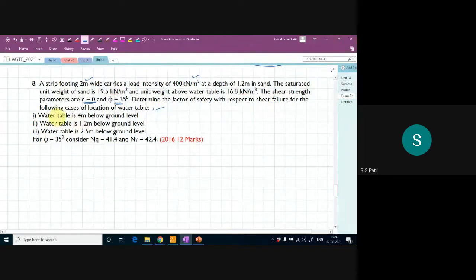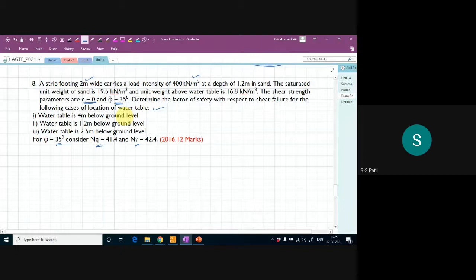In the first case, the water table is at 4 meter below the ground level, in the second case 1.2 meter below the ground level, and in the third case 2.5 meter below the ground level. For phi equal to 35 degrees, they gave NQ and N gamma. They did not give NC because C is 0, so the first term is going to be 0.